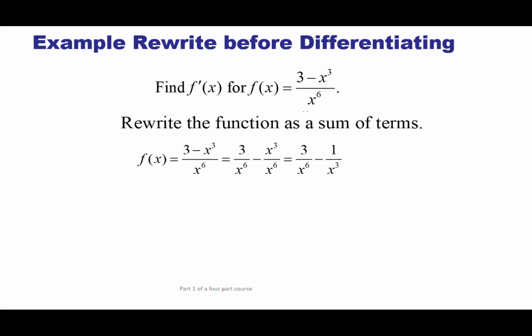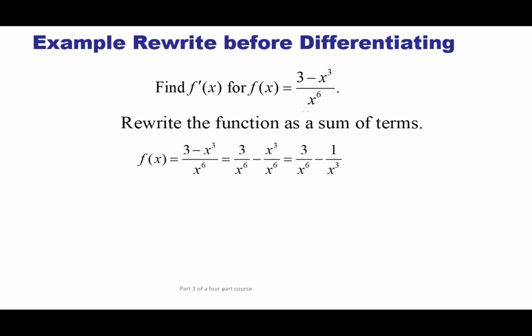So let's look at a problem like this. This problem is a little bit different. We want to find the derivative. So we've got 3 minus x cubed, all divided by x to the 6. Now a problem like this, we're going to learn different techniques that can be used to differentiate this. But as is, we want to differentiate with the techniques that we have been taught before.